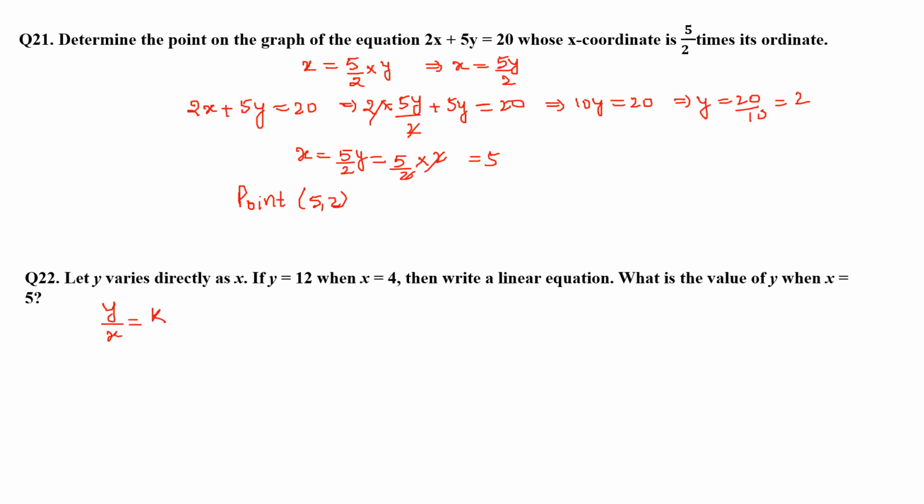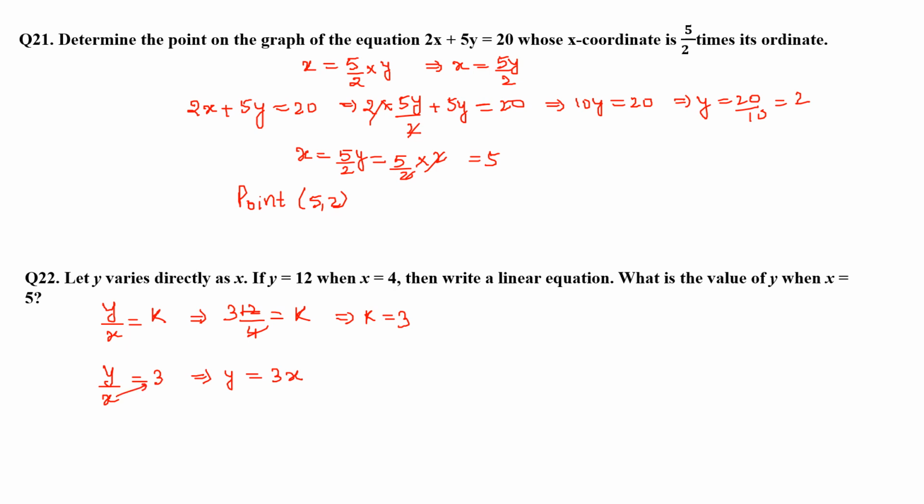Now if y is 12 and x is 4, substitute y as 12 and x as 4, you will get the constant. So constant k is 3. So now the equation will be y by x equal to 3, and from here you will get y equal to 3x. When you cross multiply, you will get y equal to 3x.